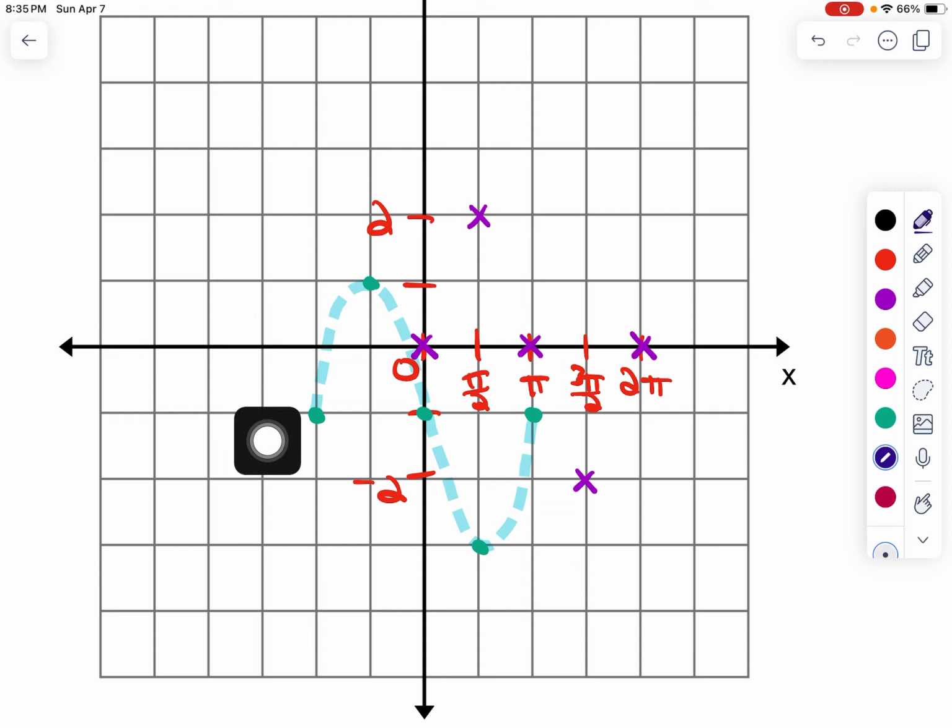So all of the stuff underneath the x-axis needs to reflect up, and all the stuff that's above the x-axis just stays there. So there's a point, there's a point. This point's going to pop up. This point is going to pop all the way up to +3. And then this point's going to pop up to 1.